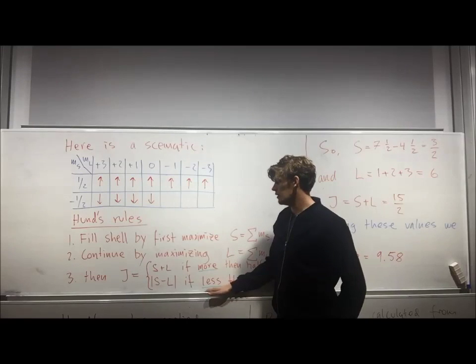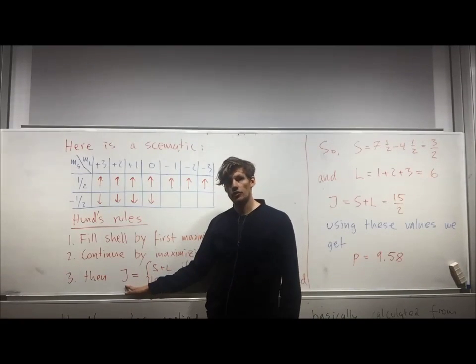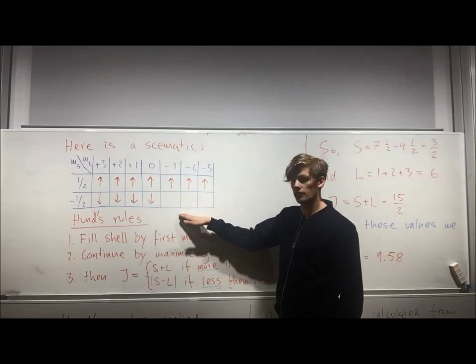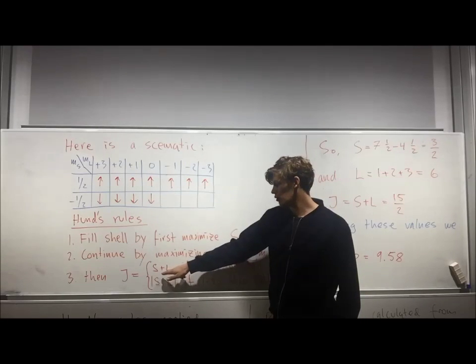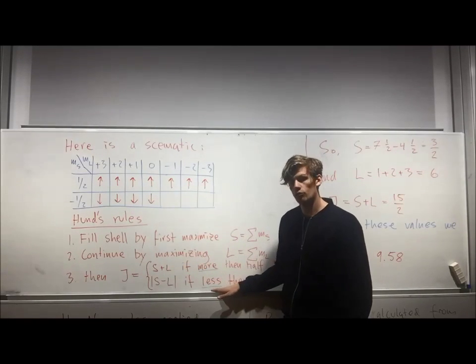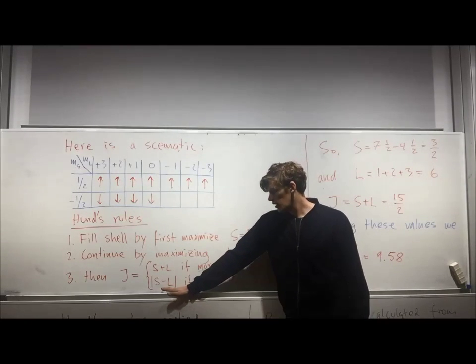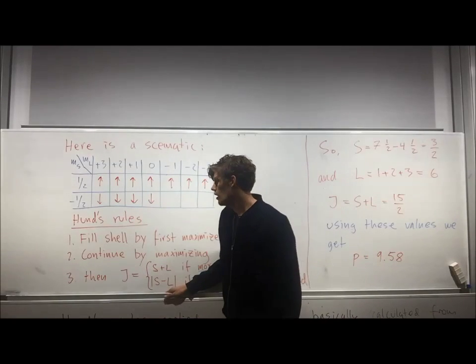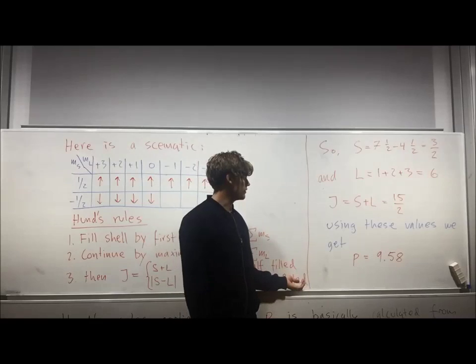Then the third rule is that J, the total angular momentum, is the sum of the spin angular momentum and orbital angular momentum if the shell is more than half filled. If it's less than half filled, you take the absolute value of the difference between them. We'll use this now to calculate what these values are.